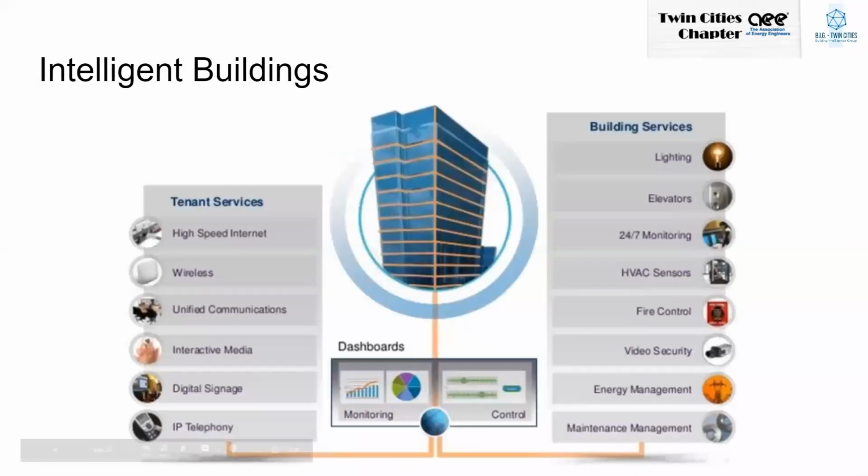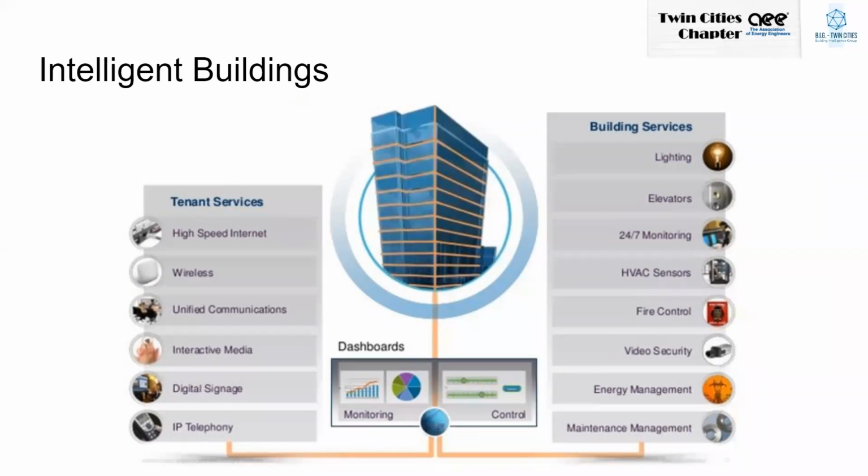So we'll talk about intelligent buildings. Ben did a really nice introduction about that, or description of it. You could say maybe that it's kind of the application of the Internet of Things for commercial buildings.